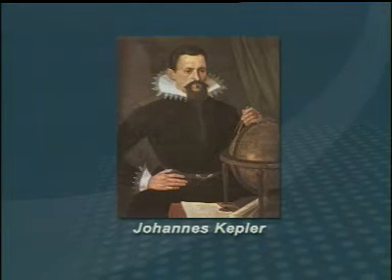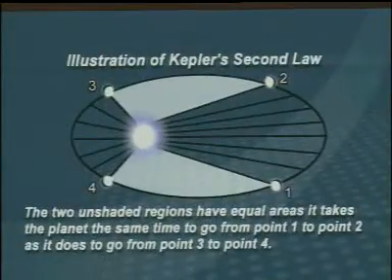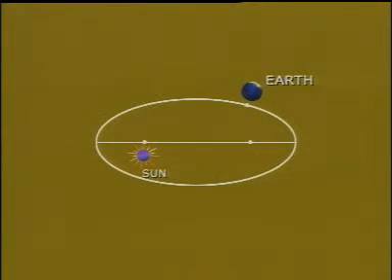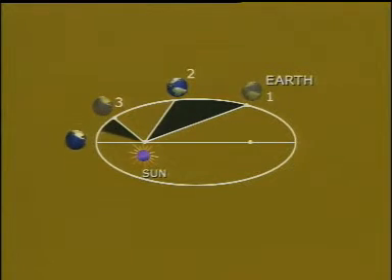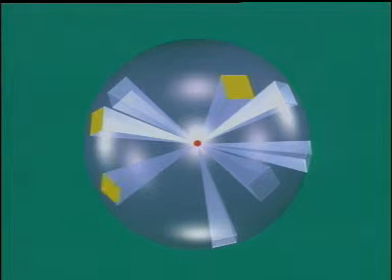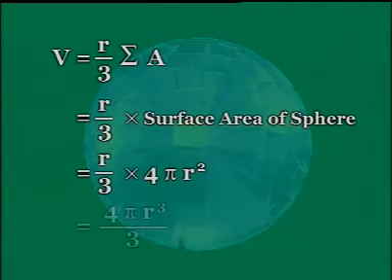Johannes Kepler was among the first who used the method of indivisibles. He took the area of an ellipse to be made up of infinitely small triangles and regarded a sphere as composed of an infinite number of pyramids. This technique helped him in deriving a correct formula for the volume of a sphere.